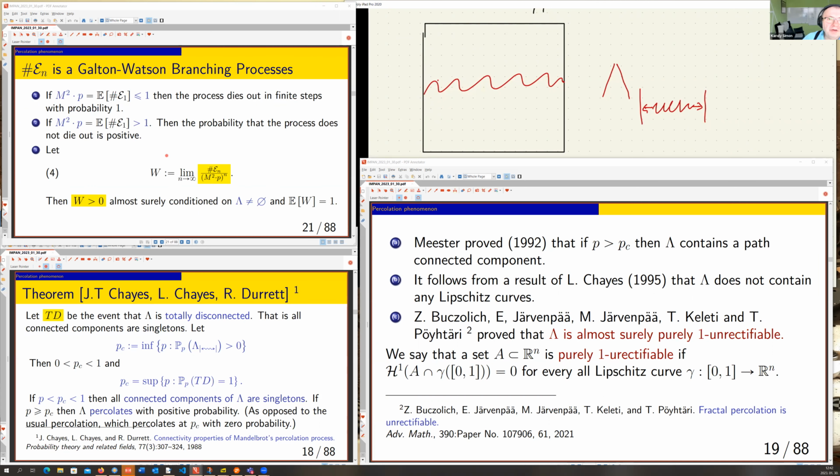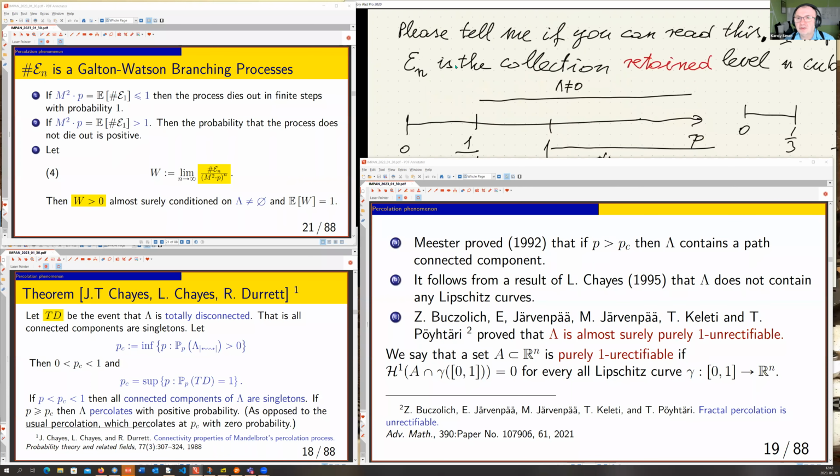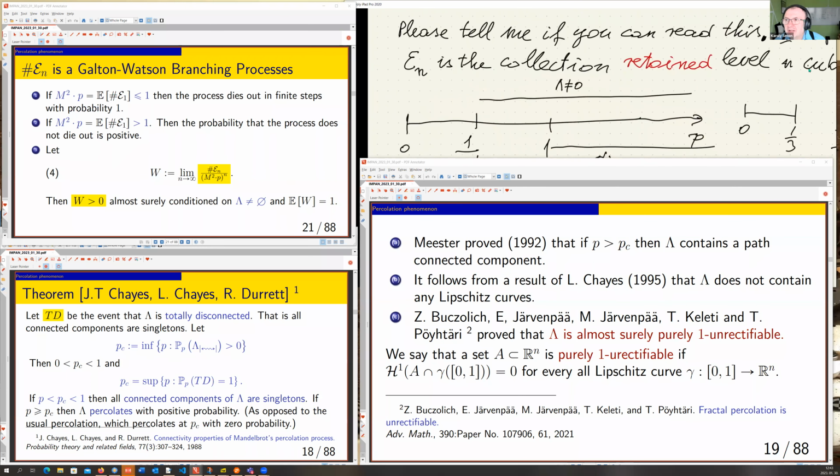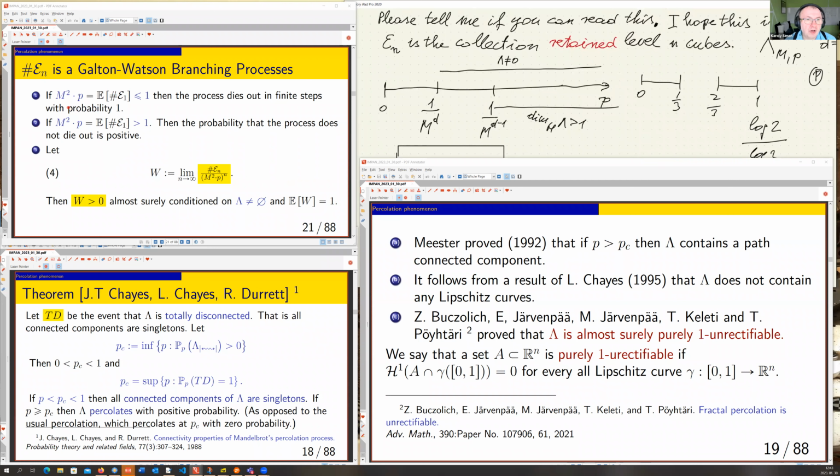Okay, so there is one thing we need later, as I mentioned earlier. E_n stands for the collection of retained Lebesgue cubes, and then what we can write is this W, what you see over here.